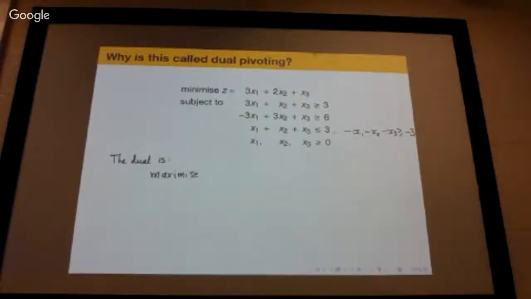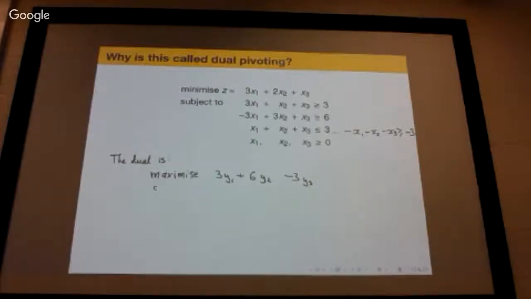What's the objective? It's 3, 6, -3, but it should say y1, y2, y3, or whatever you want to call the dual variables. Usually we use x's and y's. They come from the right-hand side, so we have 3, 6, and -3.